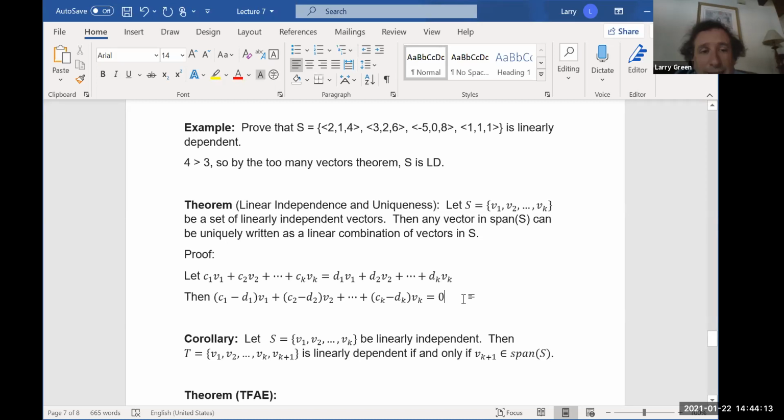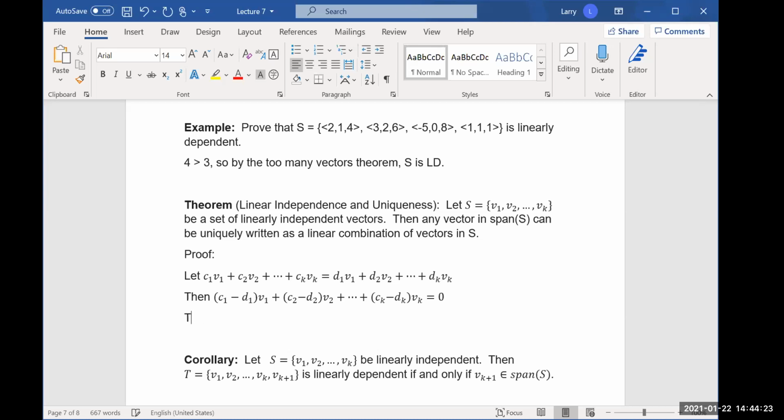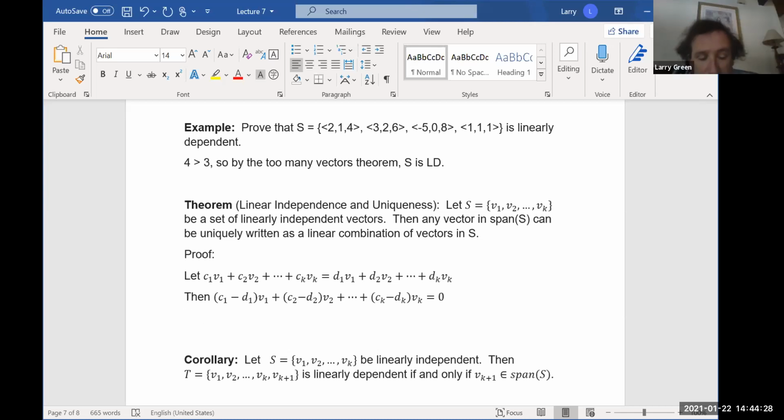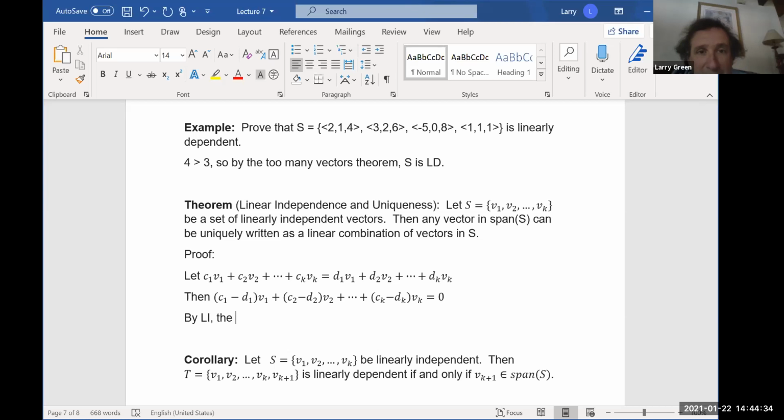Now they're linearly independent. So what can I say about these coefficients? The coefficients in front of V1, V2 must be 0. Okay, so by linear independence, the Ci minus Di's are all 0.